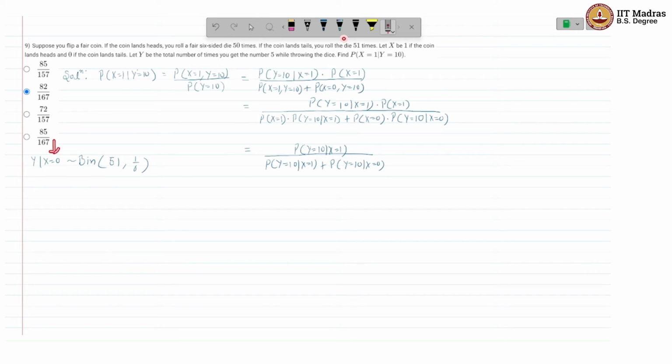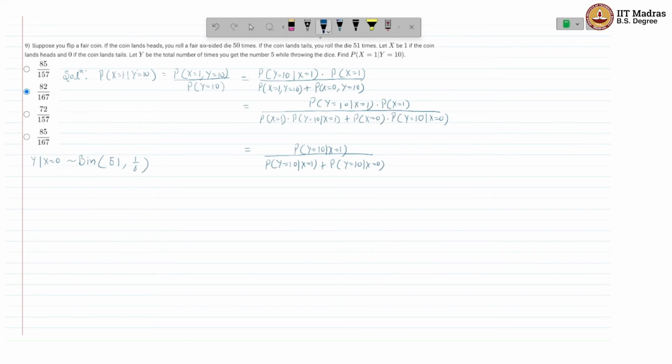Because X is equal to 0 here represents that we are throwing the die 51 times, and Y is the number of successes, that is, Y is the number of times we got 5. So the probability of getting a 5 for a fair die is 1 by 6. So that's why p is equal to 1 by 6 and n is equal to 51 for this binomial distribution.